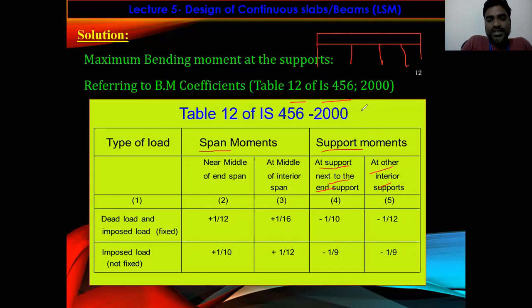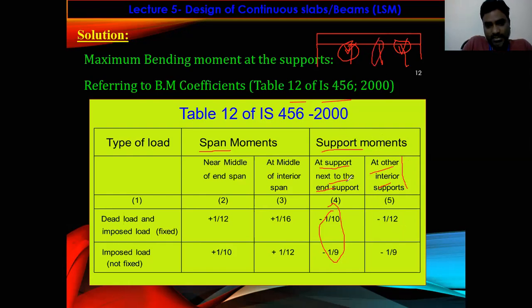From this diagram, the support next to the end support means this one. So from here and here, you have to use this coefficient to determine the bending moment at this support and this support. These are the supports next to the end support. And again, you need to determine the interior supports. Which one is interior? This is the interior.